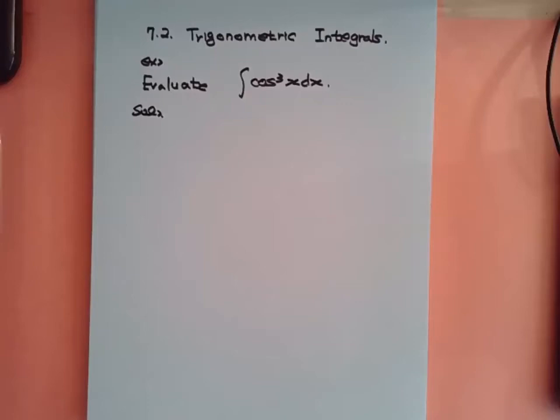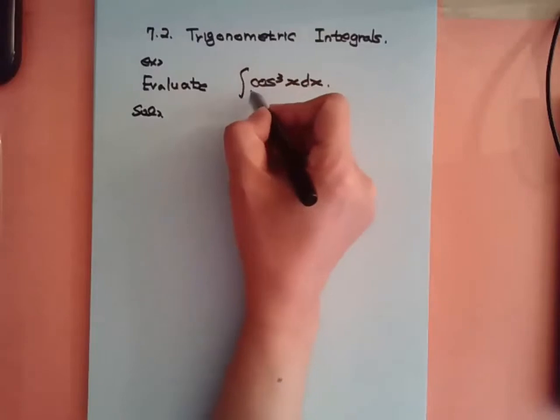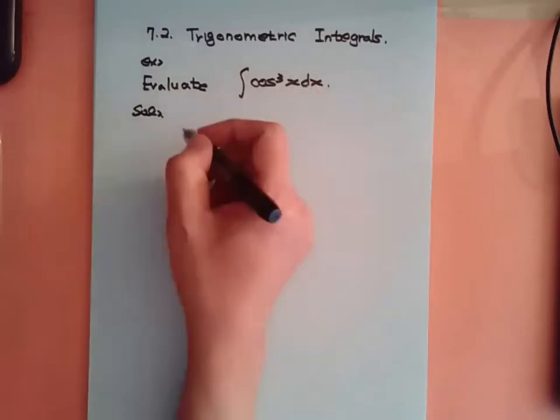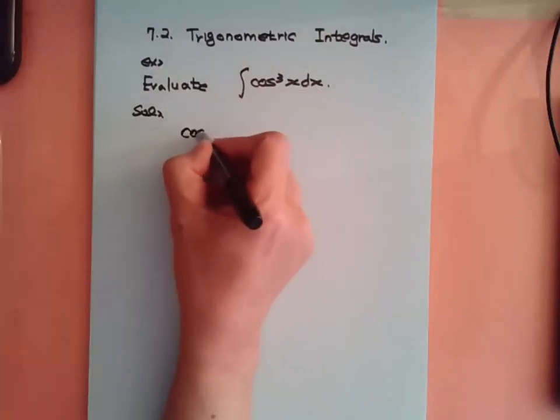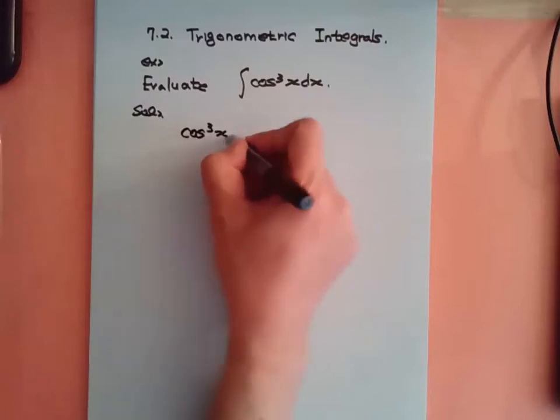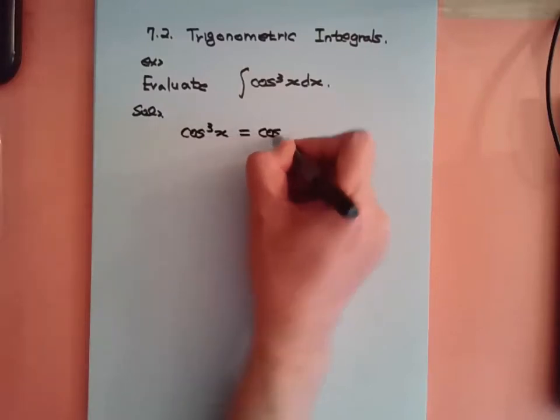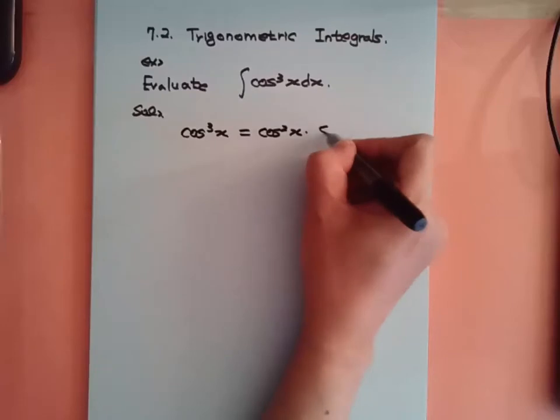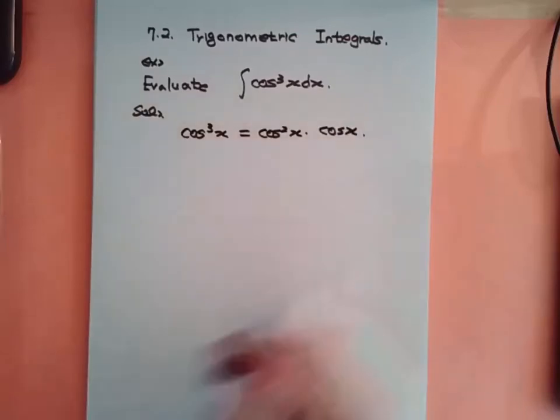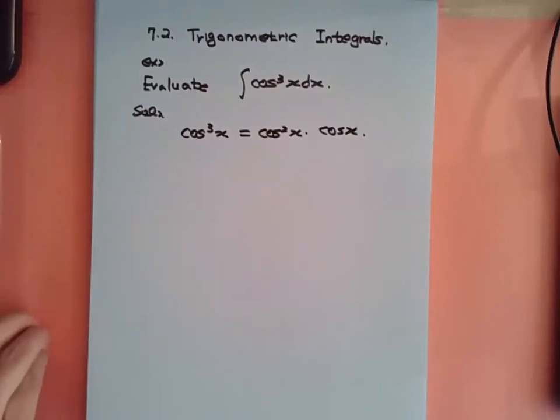The way we see this, cosine cubed of x is cosine squared of x times cosine of x. Why do we see the cosine cubed as cosine squared times cosine?